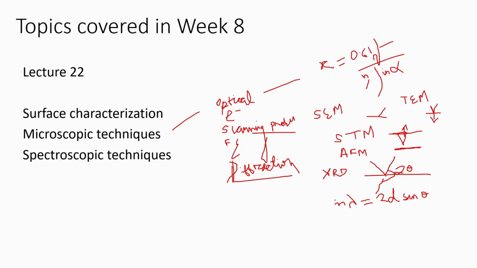And these microscopic techniques can be used for surface characterization to analyze the surface chemistries after modification, or even before modification, to see what changes have occurred on the surfaces.